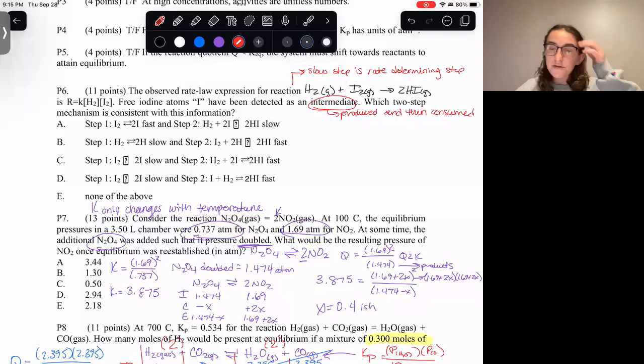But the other thing that you can look at is that I know that my slow step will be my rate determining step. So if I look at choices B, C, and D, that means that the slow step is what I would write my rate equation from. So if we're going to write the rate equation for B, we're going to say rate is equal to K. It's just the reactants that go into your rate determining step, which is just H2. So rate would be equal to H2.